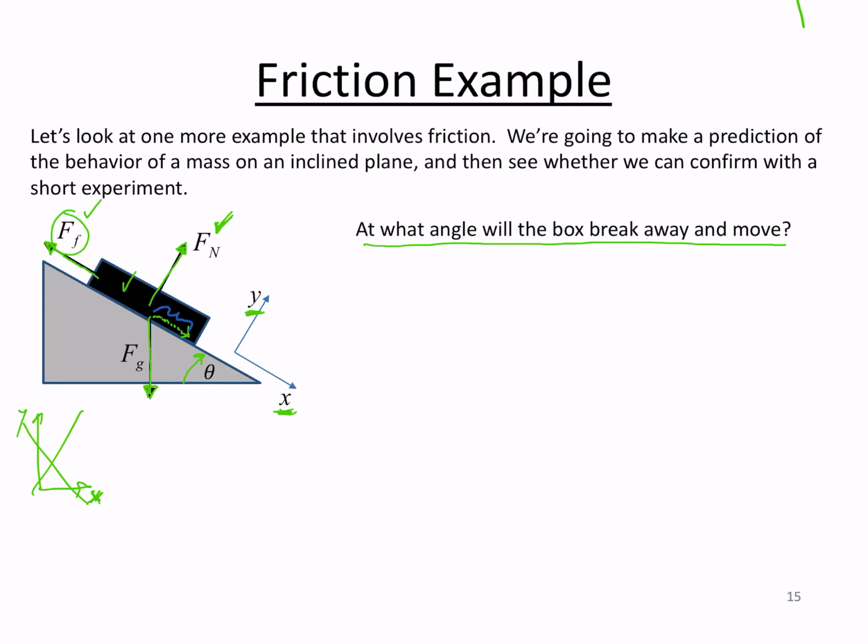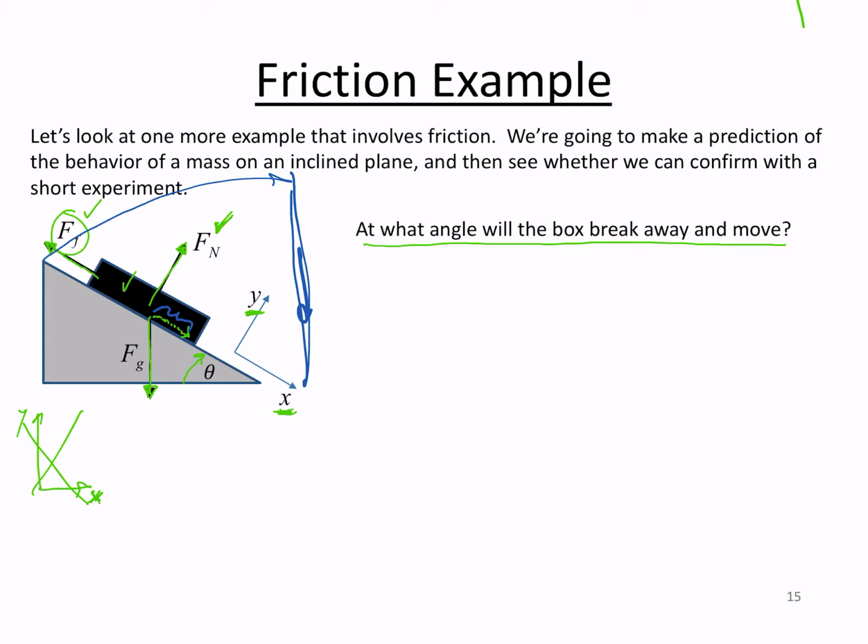If you tilt the incline all the way up so that it's vertical, then the entire force of gravity would be along the incline. So we know that this theta is definitely going to tell us about the components of F sub g, both the x and y. So we can pretty easily get a relationship to this angle that we want to find.